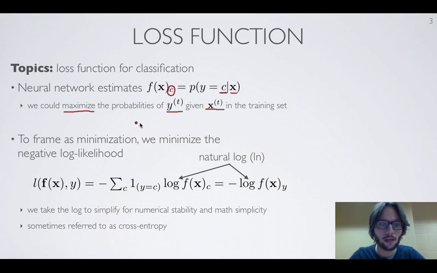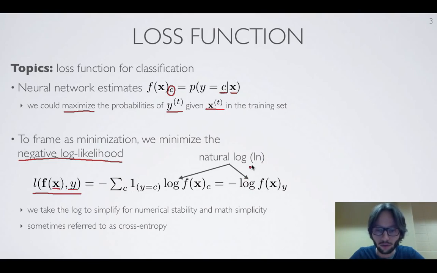Now we are framing our training as a minimization problem, not as a maximization problem. So we'll convert this problem of maximizing the probabilities into a minimization by using what is known as the negative log likelihood. The negative log likelihood, L of f of x and y, where x is the input and y is the true target, is going to be minus the log, the natural log.